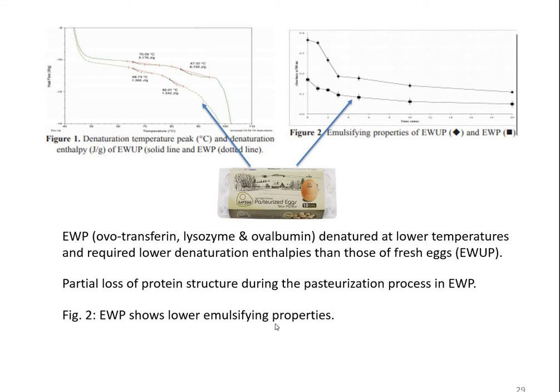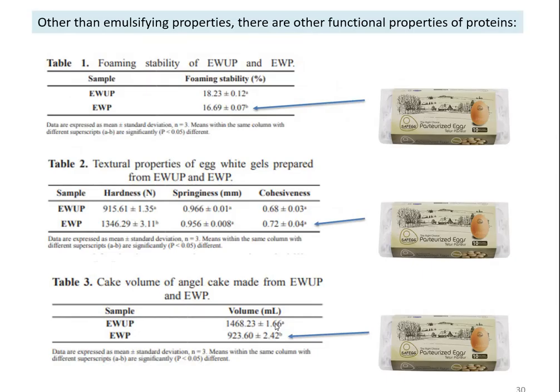Other than emulsifying properties, we also tested other functional properties of protein, like foaming, texture, and volume of the cake. In this case, the first table we displayed there is foaming stability. I mean, how many percent is the stability?